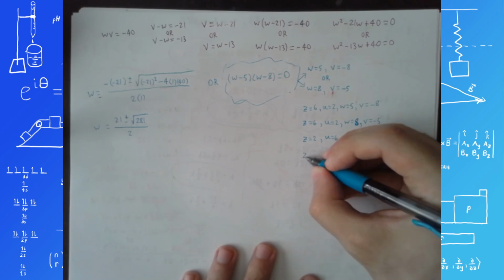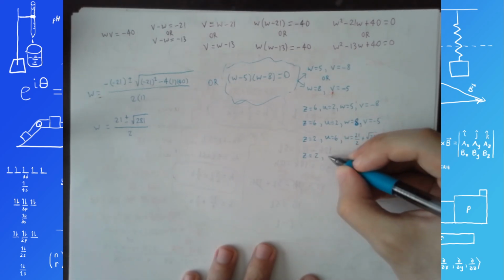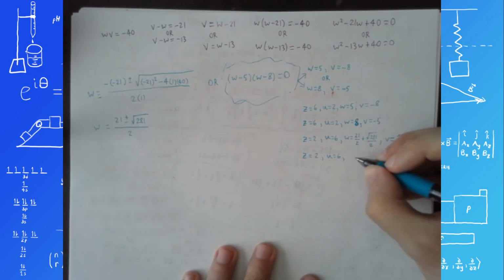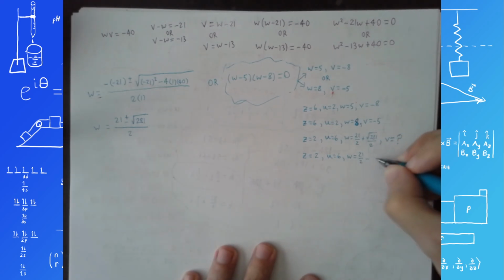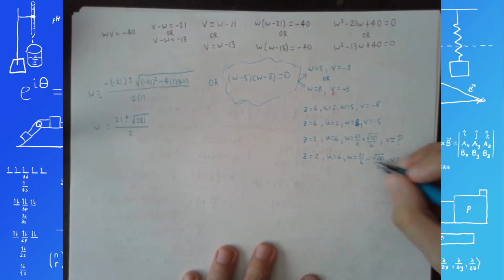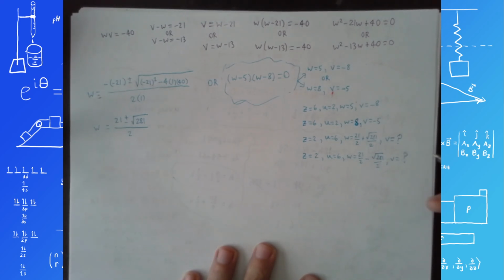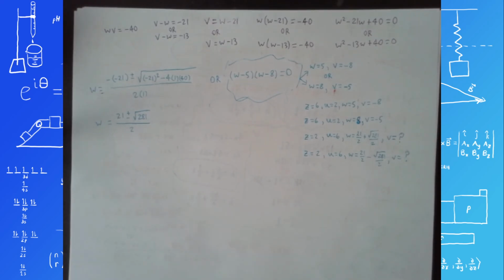And the fourth one is z equals 2, u equals 6, w equals 21 over 2 minus the square root of 281 over 2, and v equals -40 over that mess. I'm just going to leave it alone. So yeah, 4 different solutions. You've got a set of solutions for this one, no one single solution set.